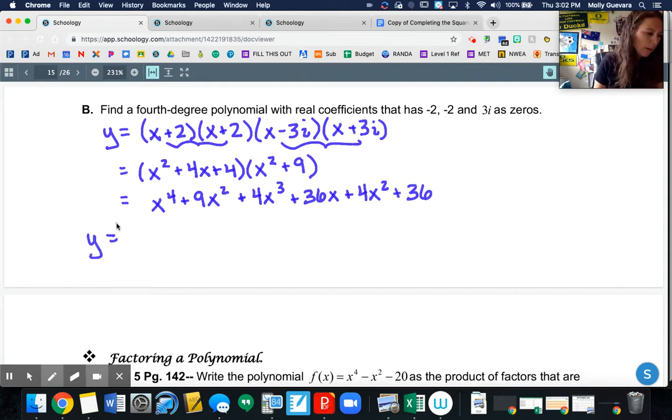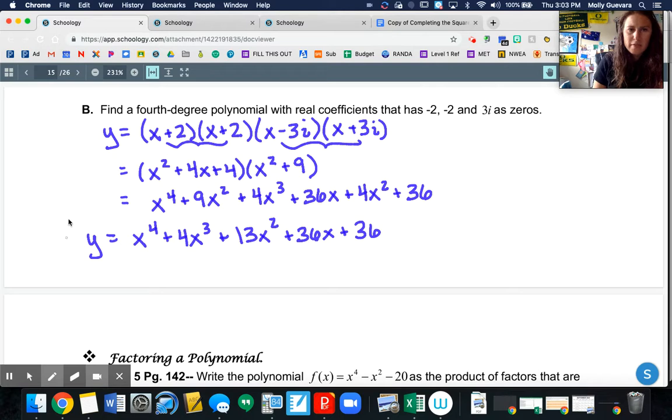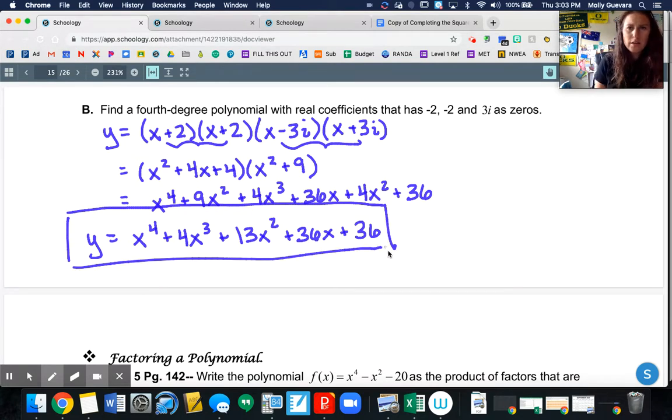So writing it in the correct order, I have x to the 4th plus 4x to the 3rd plus 13x squared plus 36x plus 36. And that is the equation of the polynomial that has zeros at negative 2. It bounces off negative 2, and then it has 3i and negative 3i as its complex zeros.